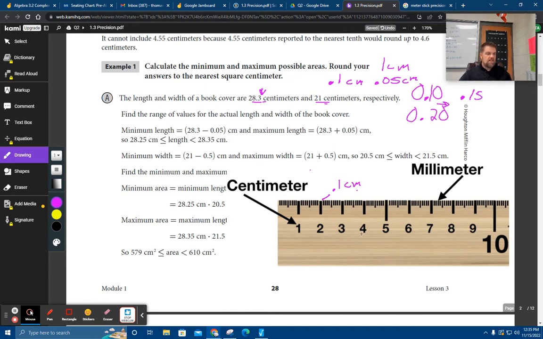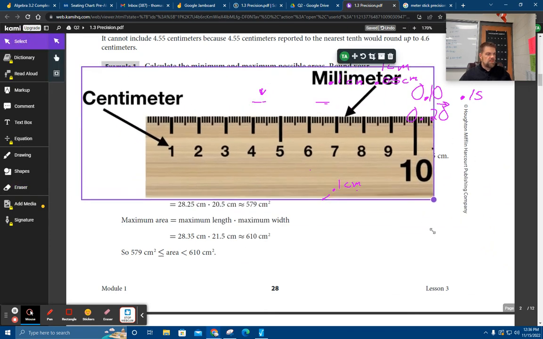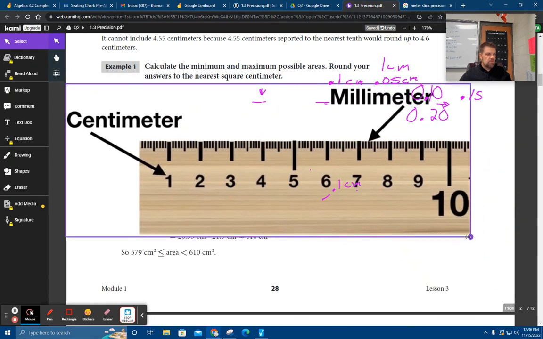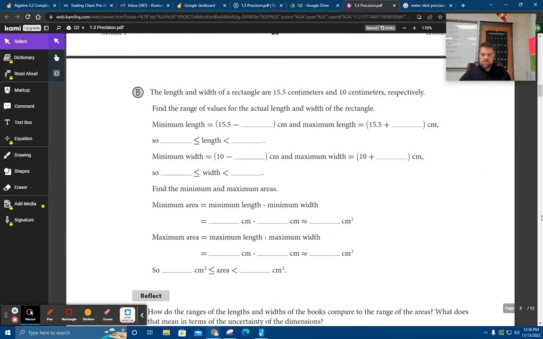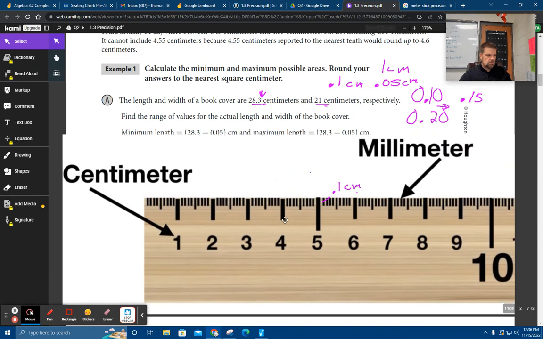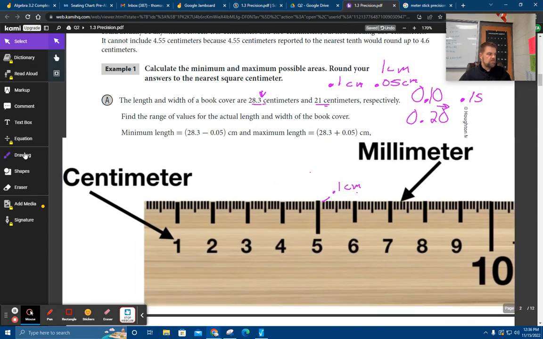So if I make this really big, like really, really big, and really zoom in on this, that little line right there is 0.1 centimeters, right?